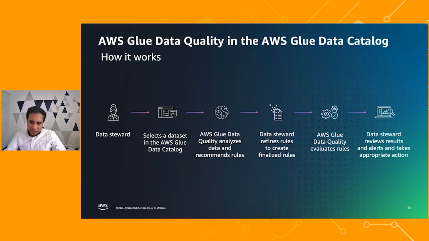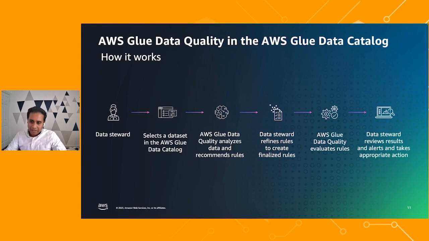And every execution provides you a data quality score. The score is indicative of how good your quality is. And you can get notifications through SNS. We have integrated with Amazon EventBridge, which is an event based service where you can integrate other applications. You can use that method to trigger a notification.